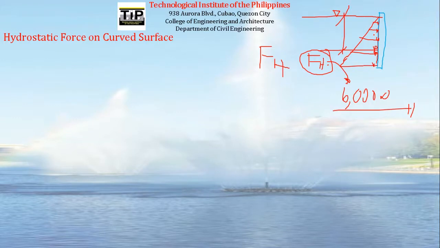It's also important for us to design the proper structure. If we anticipate the amount of force that will be acting on our structure, as well as the location of that force, then we can design the proper size of the structural members.